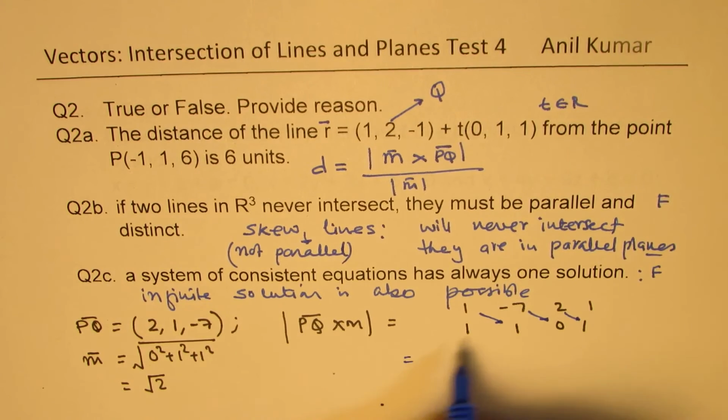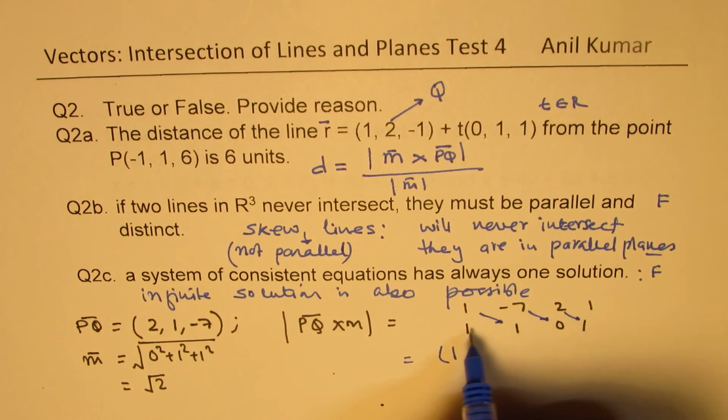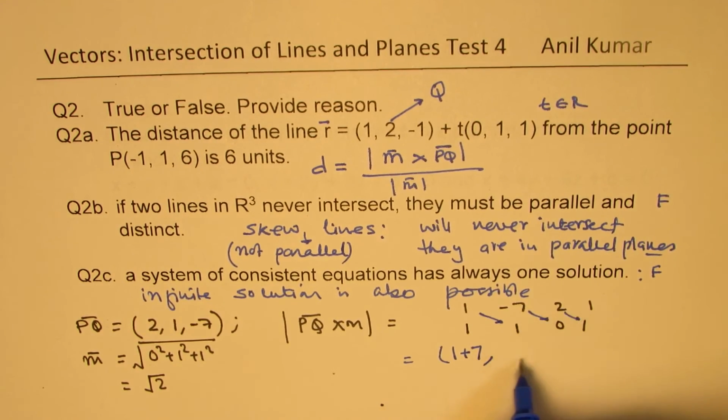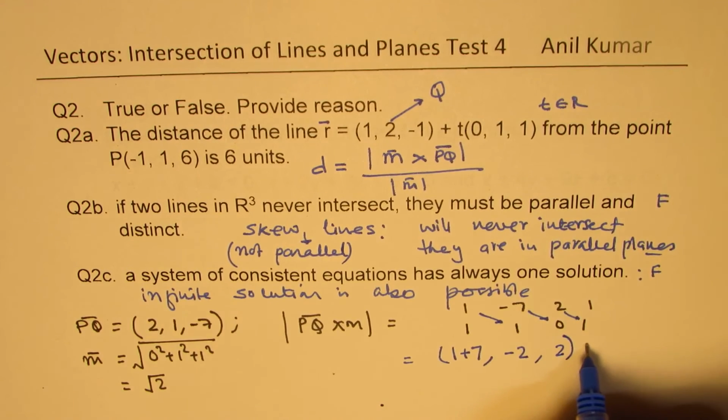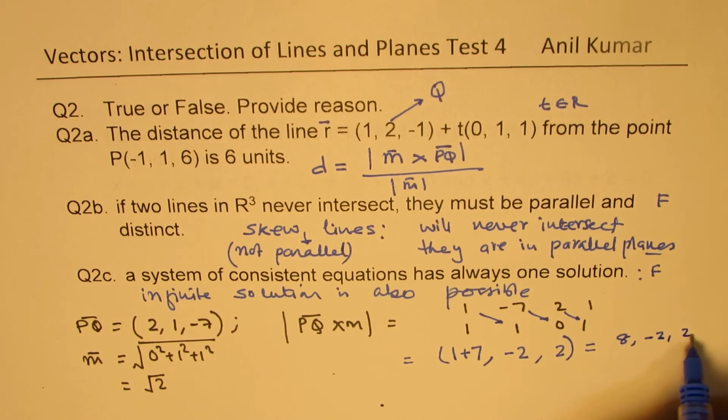So what we get here is 1 times 1 as 1, and then minus this. So minus this is plus 7, right? So 8 is the I component. J component is 0 minus 2, right? And this is 2, right? So basically what we get here is 8, minus 2 and 2, right? So that is the cross product.